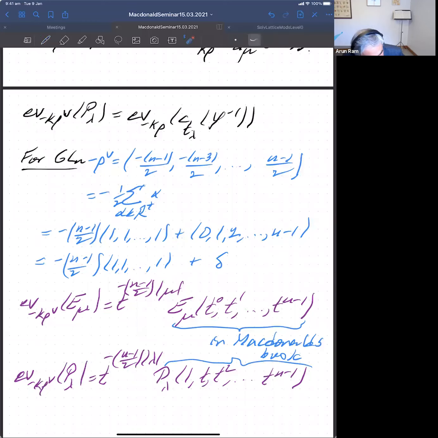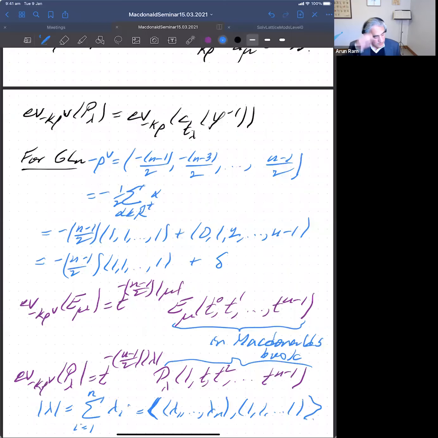And this strange 0, 1, 2 is really some shift of rho check. So in fact, you can see that this weight of lambda is the sum of the lambda i going from 1 to n, which another way to write it is that it's the inner product of lambda 1 up to lambda n with this 1, 1, 1.